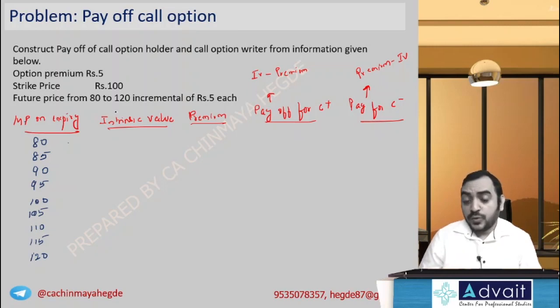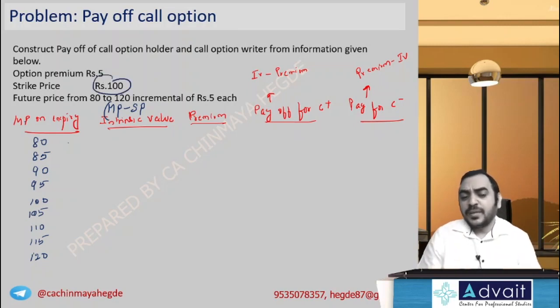Now, how will intrinsic value be calculated? Market price minus strike price. For the call option, intrinsic value is market price minus strike price. Now in the first case, market price is 80. Strike price is anyway fixed at 100.